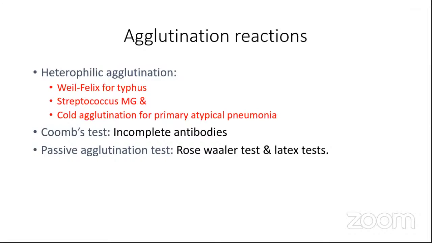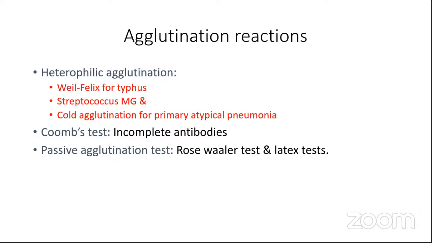It is very difficult to cultivate rickettsia, so getting the antigen of rickettsia is very difficult. So what they have identified is this rickettsia has antigens which are similar to that present on Proteus vulgaris. So due to this sharing of antigens, Proteus vulgaris is used as an antigen, and the antibody in the patient serum is detected against it.